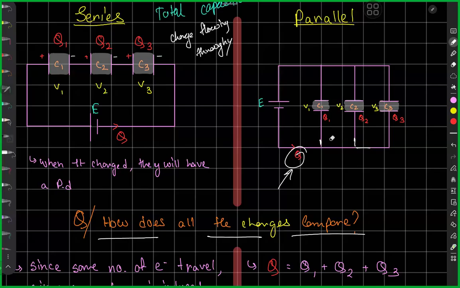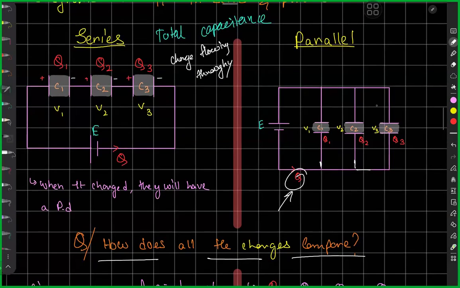Now, when they come back over here, the charges will unite. When charges come back again over here, charges will unite. And the charge over here will be equal to Q again. Fair? So we understand what Q1, Q2, and Q3 mean.